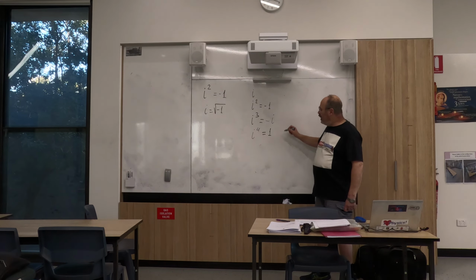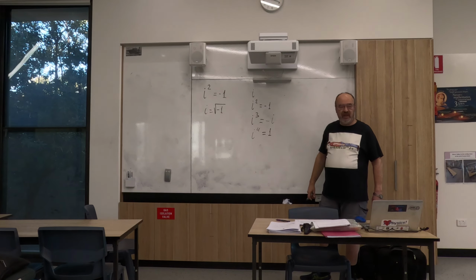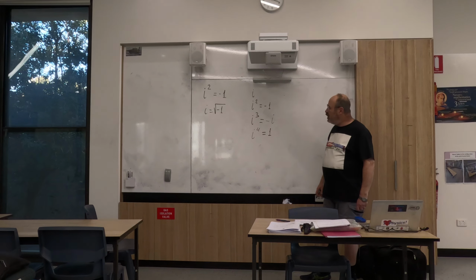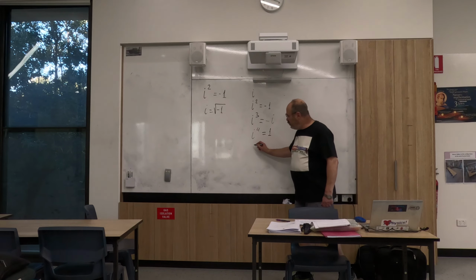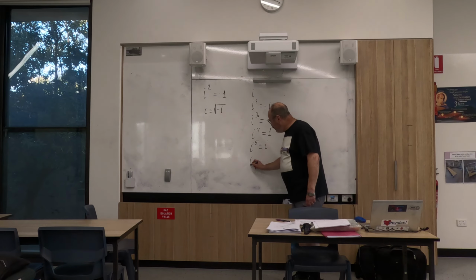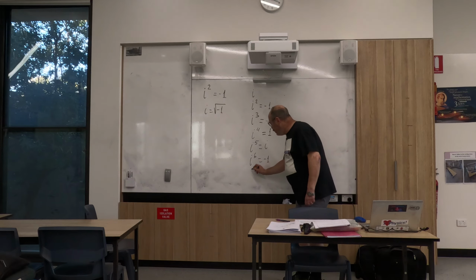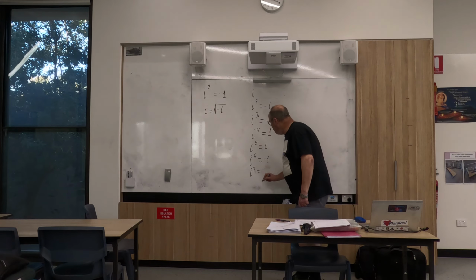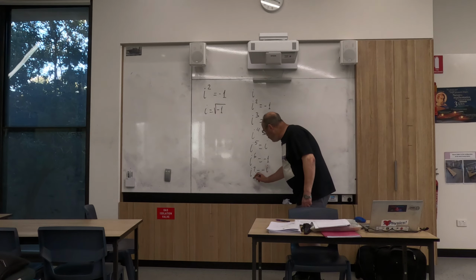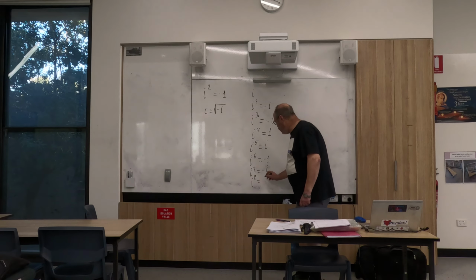Because negative i times i is negative i squared, which equals 1. So you get 1, and then it will be repeating. i to the power of 5 is i, i to the power of 6 is -1, i to the power of 7 is -i, i to the power of 8 is 1.